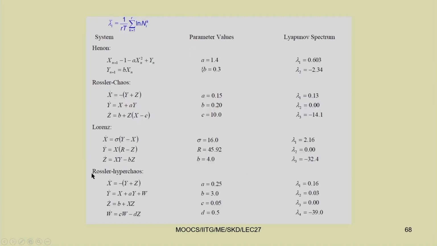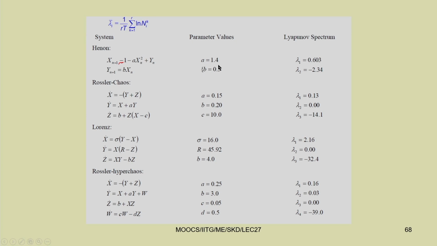For commonly used maps and equations, these are the Lyapunov exponents. When you find a number of Lyapunov exponents, they are generally written as the Lyapunov spectrum. For the Henon map, the equations are x n plus 1 equal to 1 minus a x n square plus y n, and y n plus 1 equal to b x n.